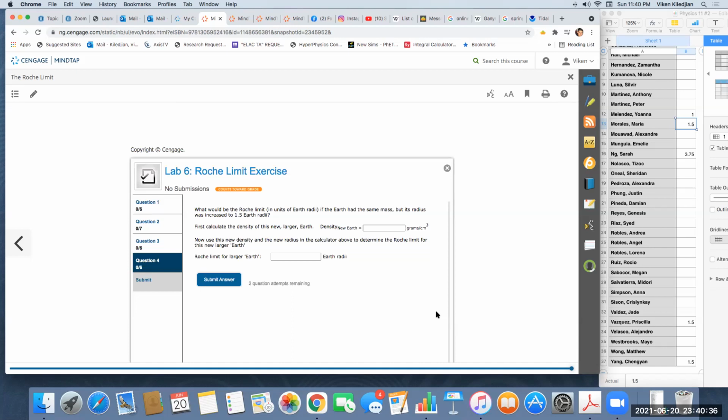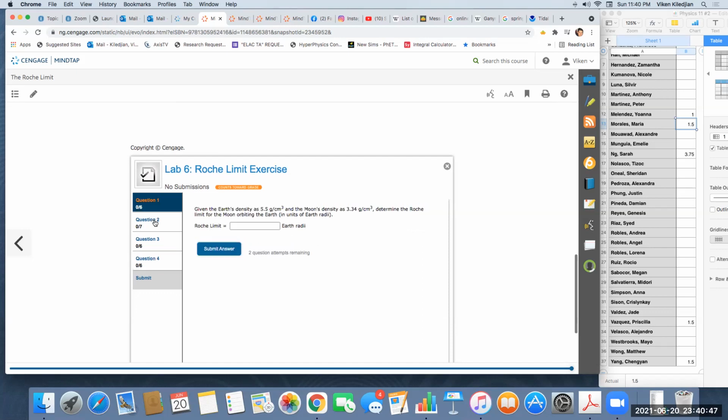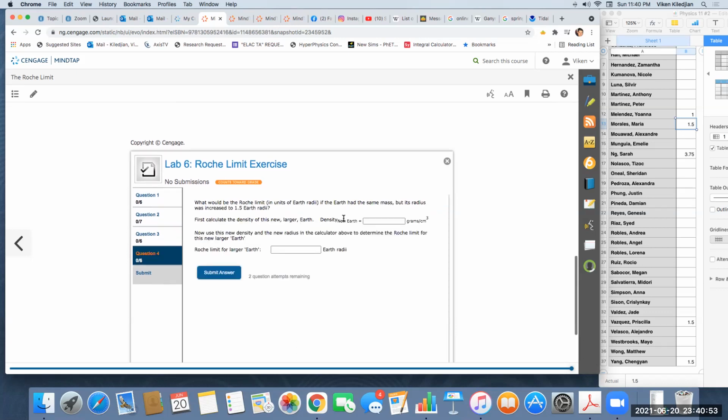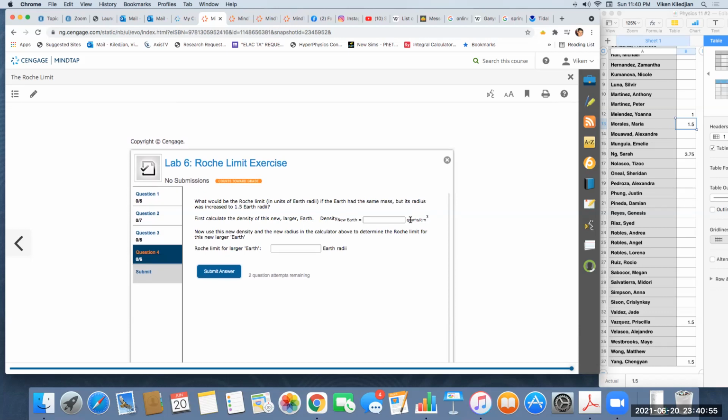Now use this new density and the new radius in the calculator above to determine the Roche limit for this new larger Earth. Okay, so for this one, you could pretty much use most of these. You could use the app. The fourth one, you're going to have to show your work on how you're calculating the density.